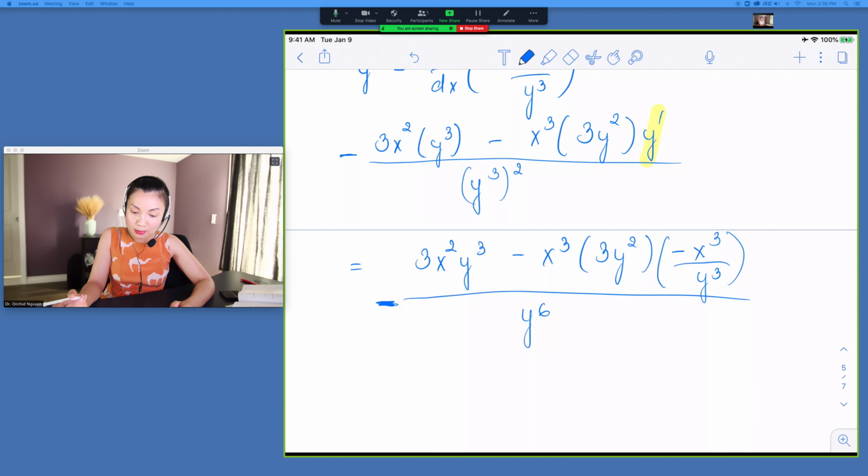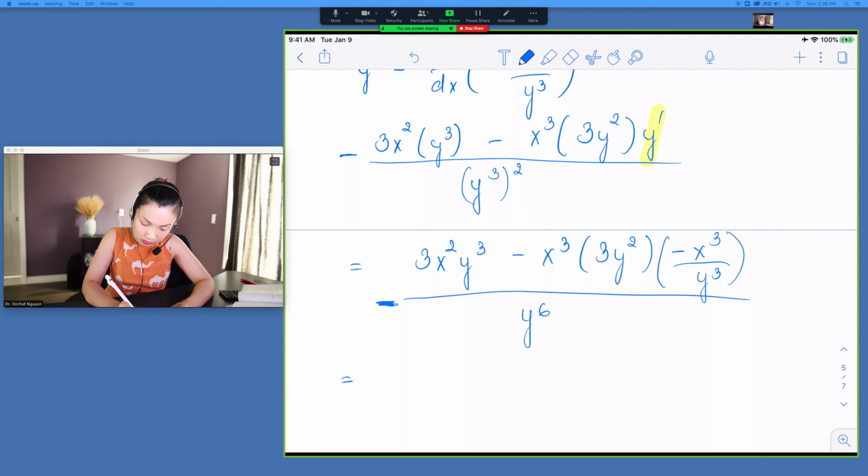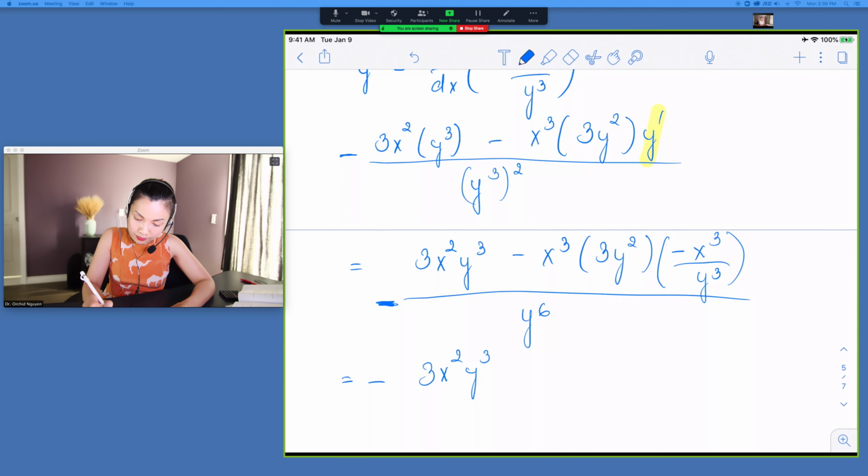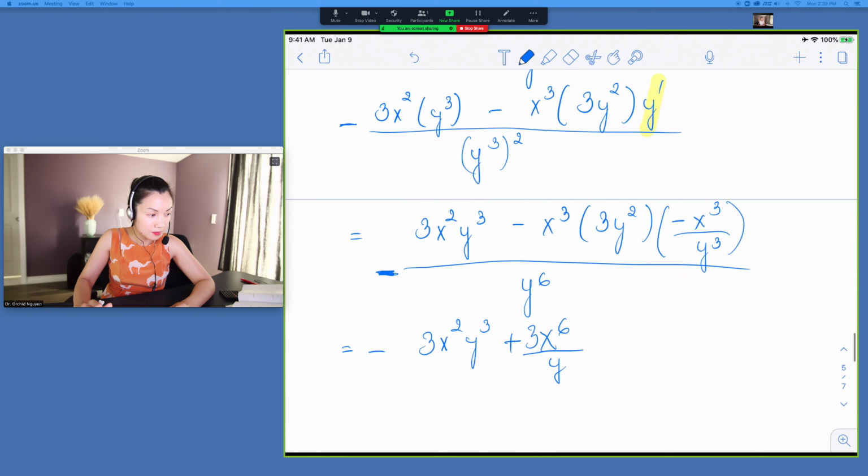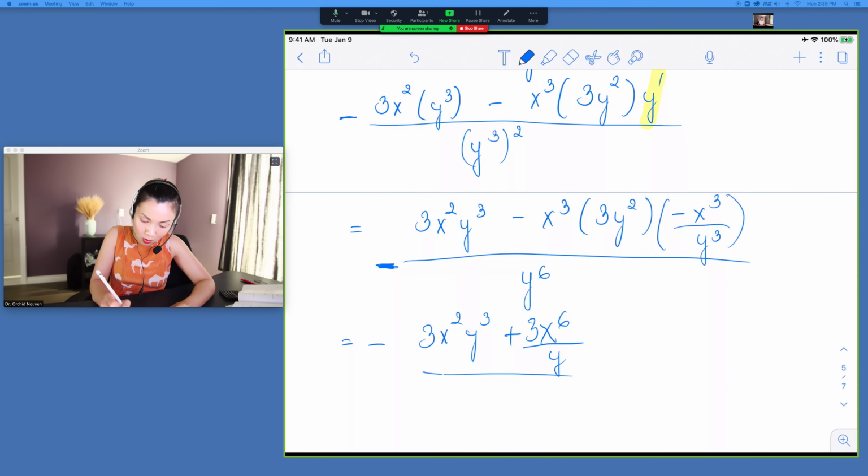Okay, now let's simplify it. Three x squared y cubed minus, so we have plus 3x to the 6th power over y, over y to the 6th power.